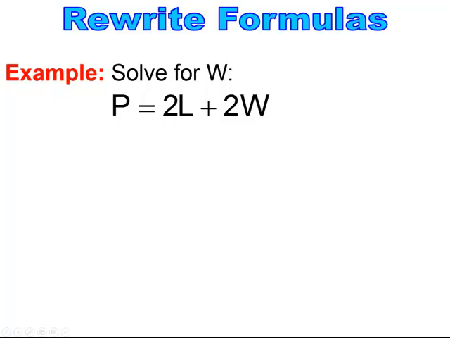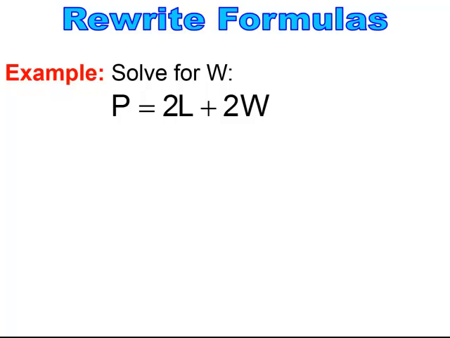This next example is the perimeter formula for a rectangle, and we're asked to solve for w, or capital W. So in order to solve for capital W, we need to get rid of the 2L first. 2L is not attached to the W, therefore when I move it to the other side, the inverse operation would be subtraction.